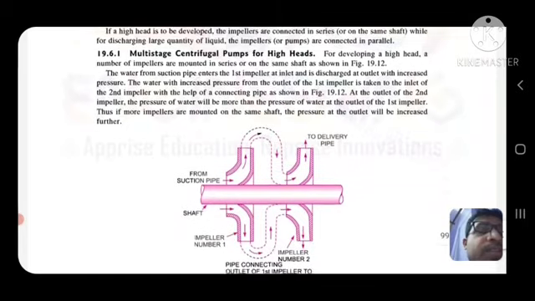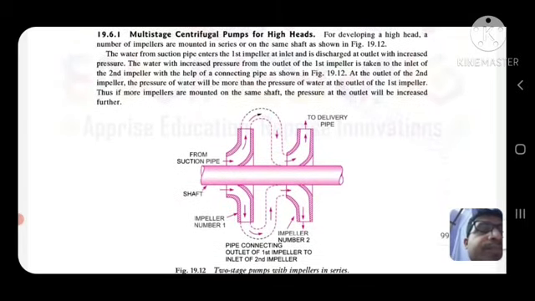Multi-stage centrifugal pump for high head. For developing a high pressure, a number of impellers are mounted in series on the same shaft. The water from a suction pipe enters the first impeller at inlet and is discharged at outlet with increased pressure.